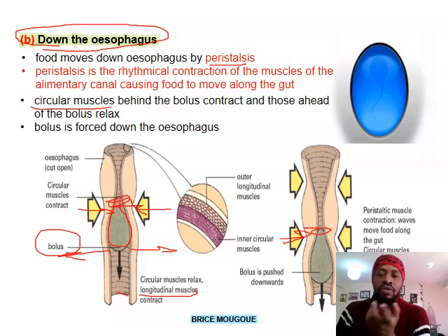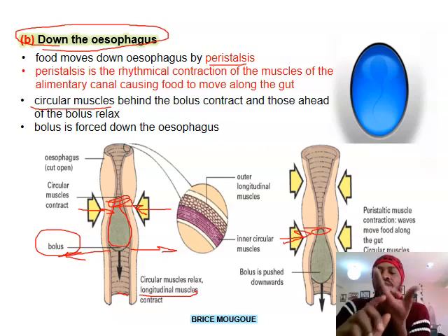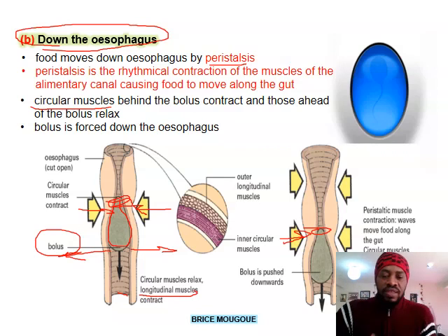That's what happens. We squeeze behind, we open in front, and it flows. So in the esophagus, in the stomach, and in the small intestine, that's how food is moved in a wave-like manner. I squeeze, I open, I squeeze, I open, squeeze, open, squeeze, open. We see it is going in one direction.